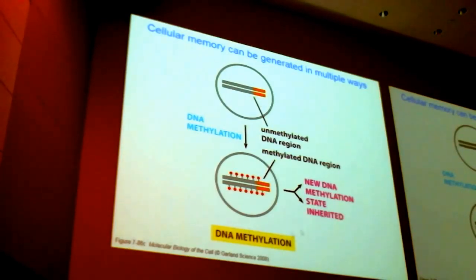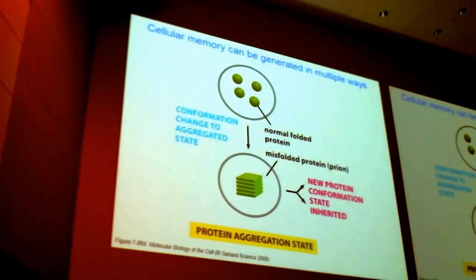And if such DNA methylation occurs, there are ways to remember the methylated state across division again, which is another way of remembering this changed new state. Okay? And a final one, which unfortunately we're not going to talk too much more in detail except for this one slide, is remembering protein conformation.